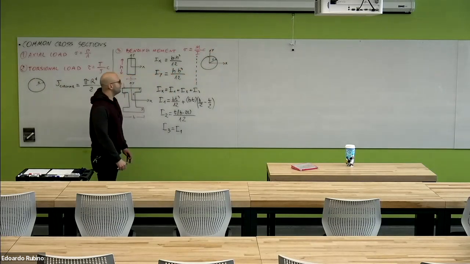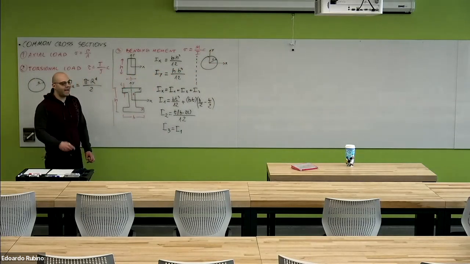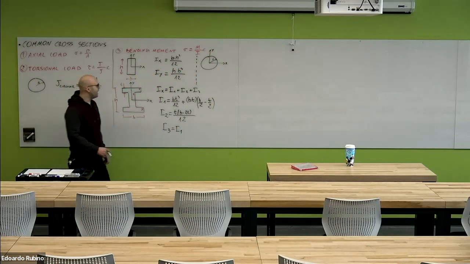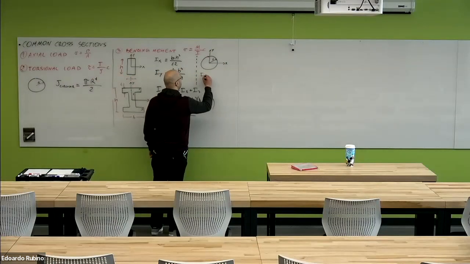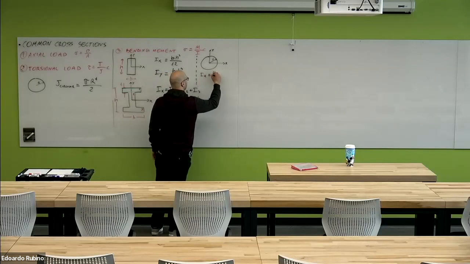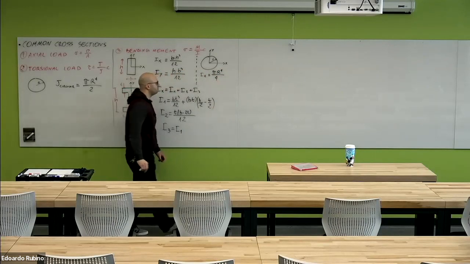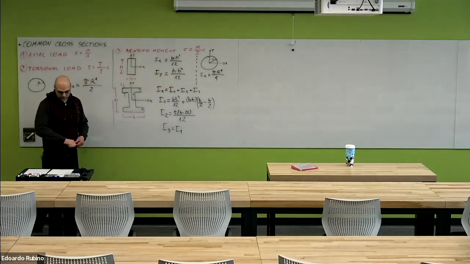In this case, the moment of inertia with respect to the x-axis would be the same as the moment of inertia with respect to the y-axis. So we have that Ix is equal to pi r to the power of 4 divided by 4.